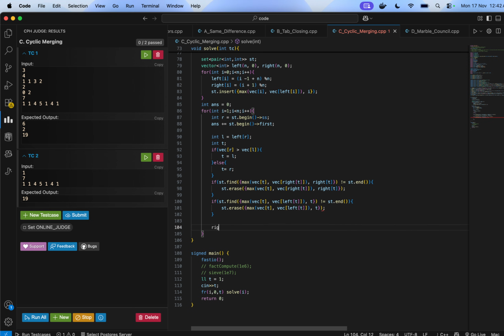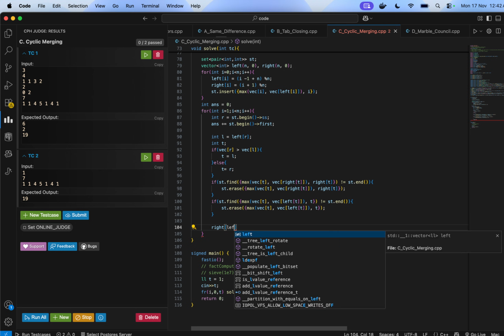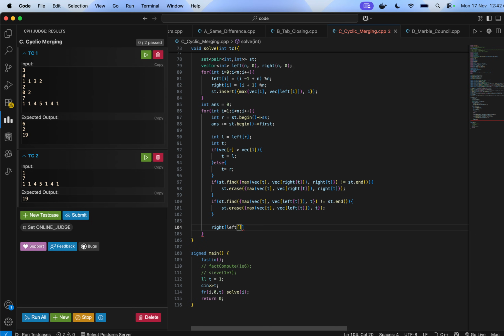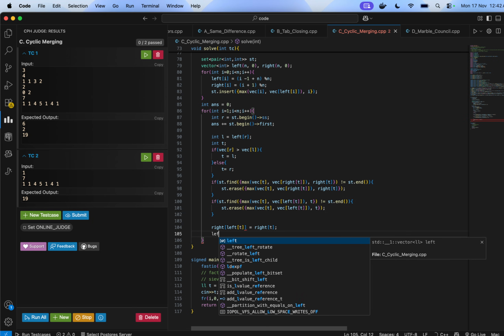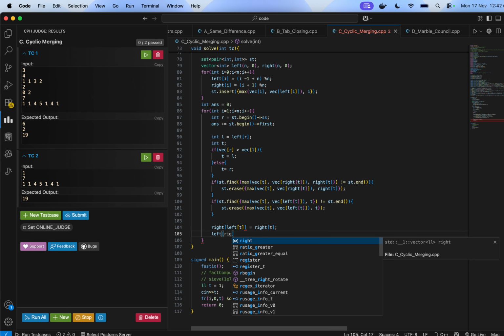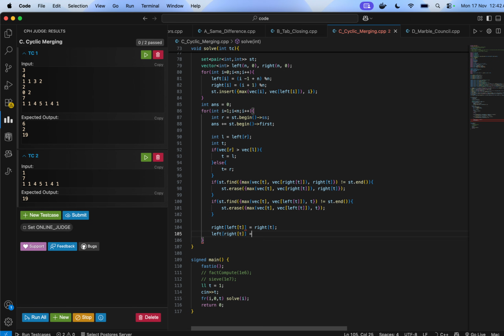Now about the right child and left child of its neighbors. The right child of left neighbor equals right child of current node now, because this element is removed. Similarly, left child of right neighbor of t equals left neighbor of t.